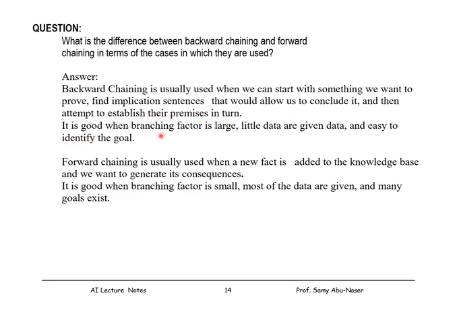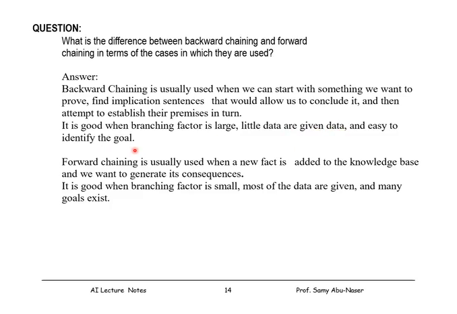It is good when the branching factor is large, when the node goes out with many branches. And if we have little data, few facts given, it's also good to use backward chaining, and the goal is easy to identify.